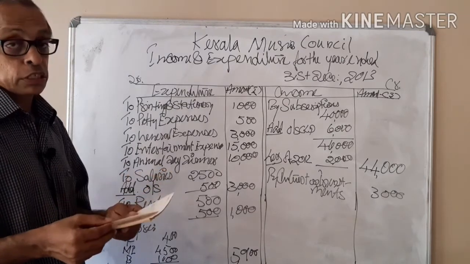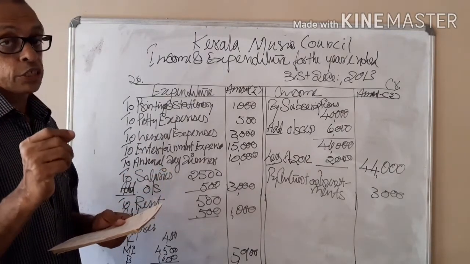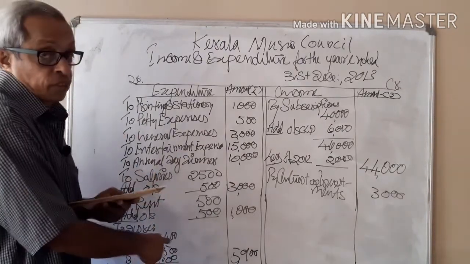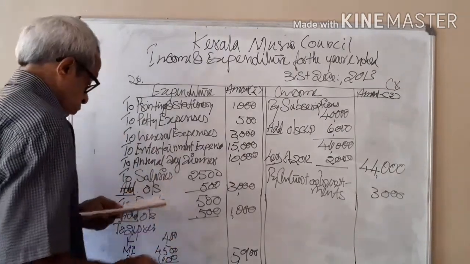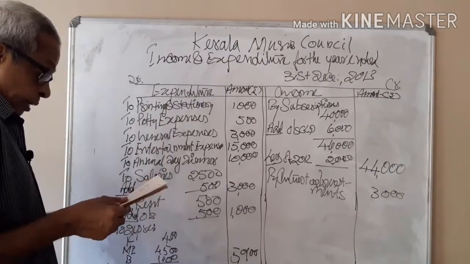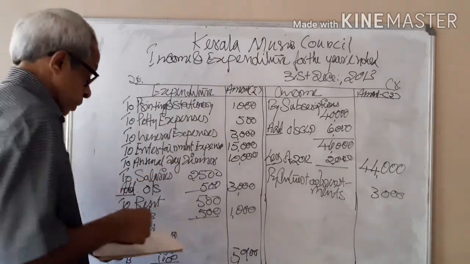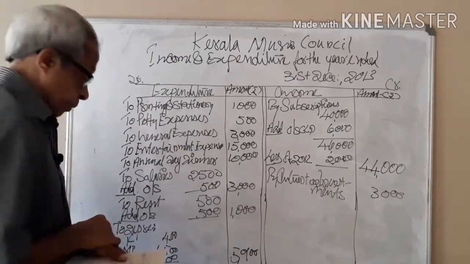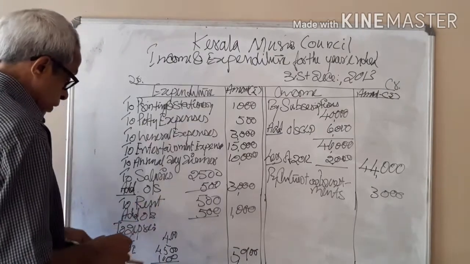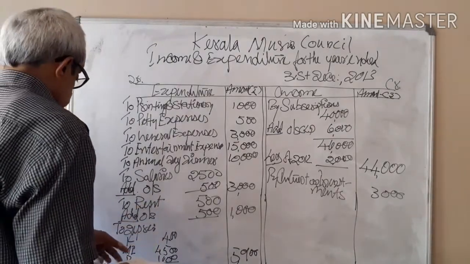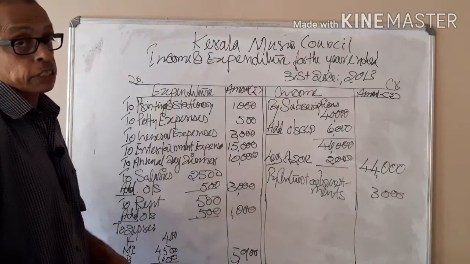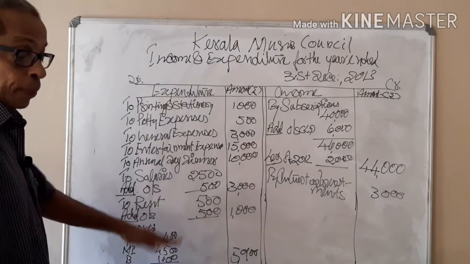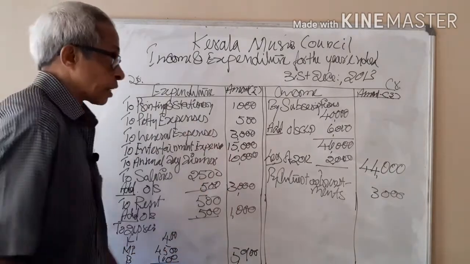The total amount of musical instruments on the opening date is 45,000, and 10% of 45,000 is 4,500. Then building, the building is 50,000 and the rate of depreciation is 2%. So it is 400 for furniture, 4,500 for musical instruments, and 1,000 for building. The total depreciation is 5,900.